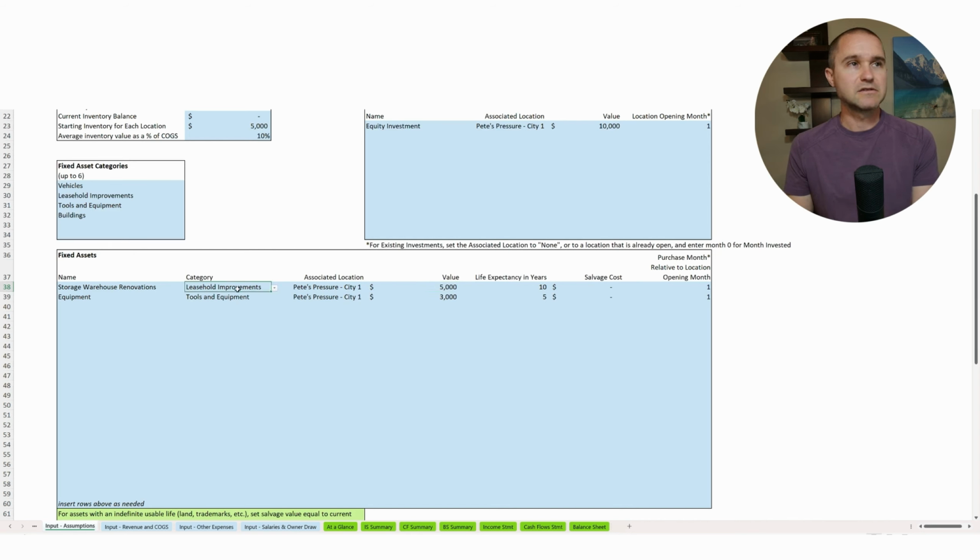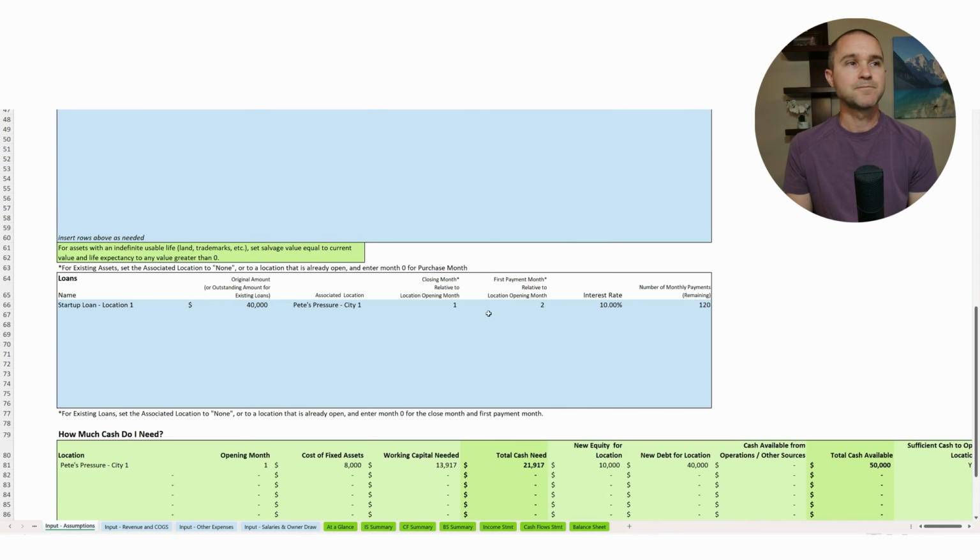So we have that here as leasehold improvements. Now if you don't have leasehold improvements, you can just put a 0 in there and you're good to go. We said purchase month is month one as well. So these are startup costs at the beginning of the model. All right, now we can enter in loans. So let's say we got a $40,000 SBA loan, maybe an SBA micro loan.